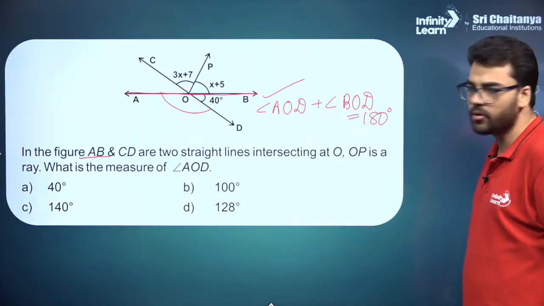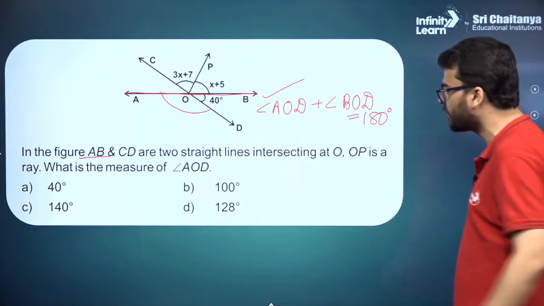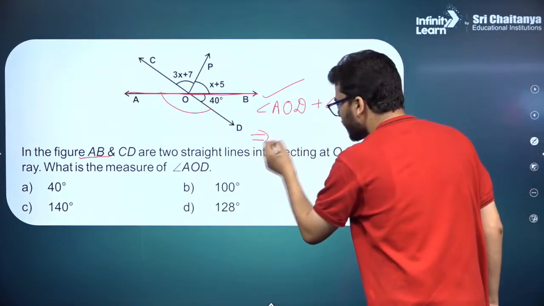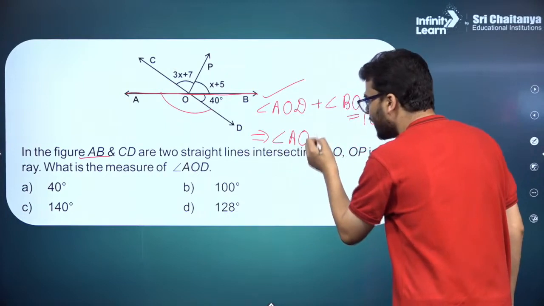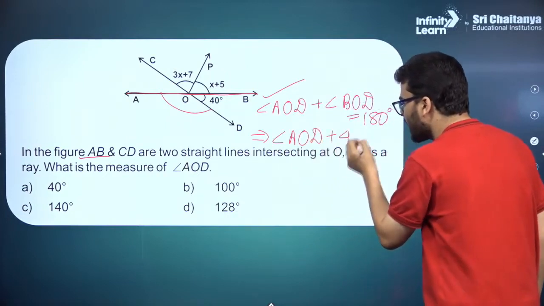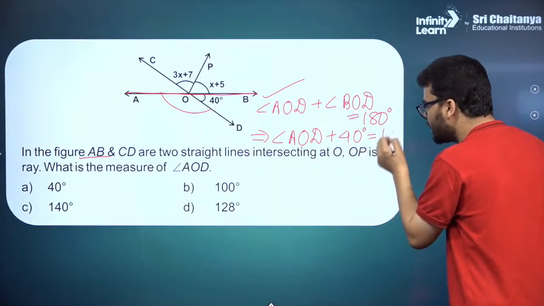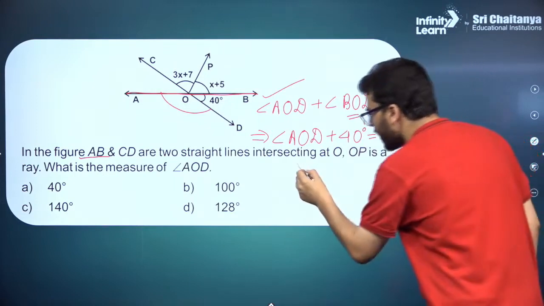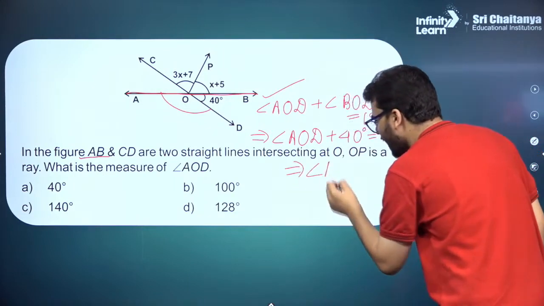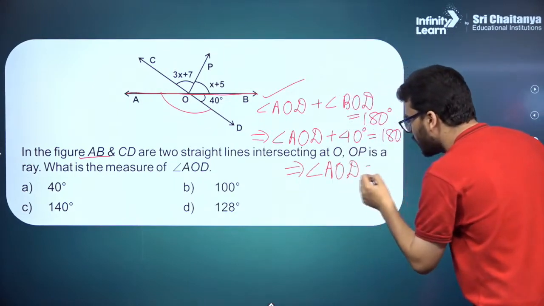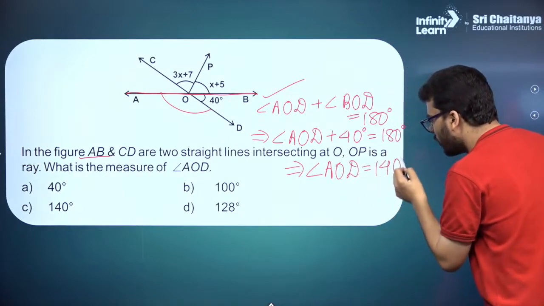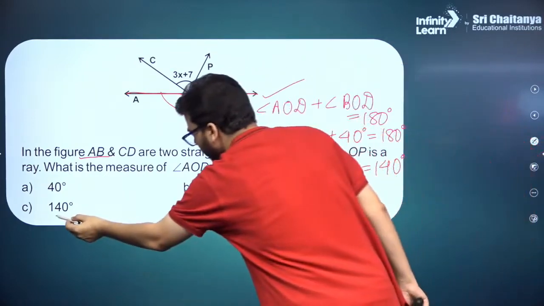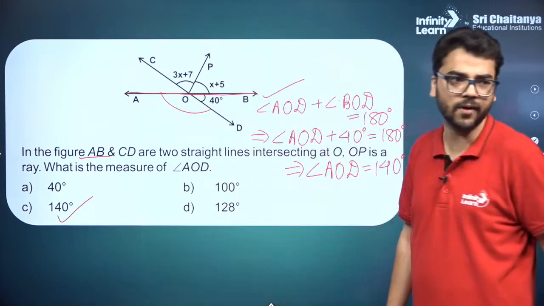So AOD, BOD, their sum will be 180 degrees. So therefore angle AOD plus 40 is equal to 180 degrees. So from here if you solve, you will get angle AOD to be equal to 140 degrees. I hope this is clear. So therefore 140 degrees is the answer. It's a very simple question.